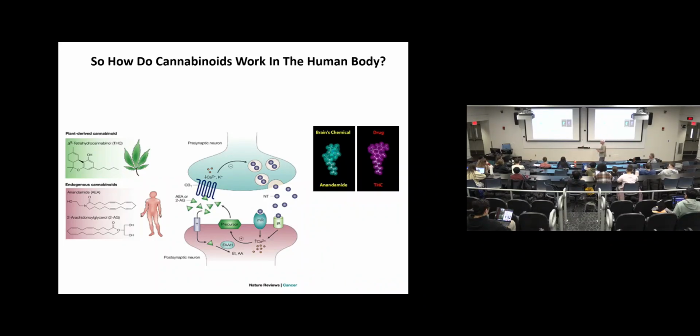So this is why this works. This is why we can be certain that they can be the sources of new medicines, because that's their target. THC targets that. We have a molecular mechanism. We just don't know yet how well it will work as a medicine.